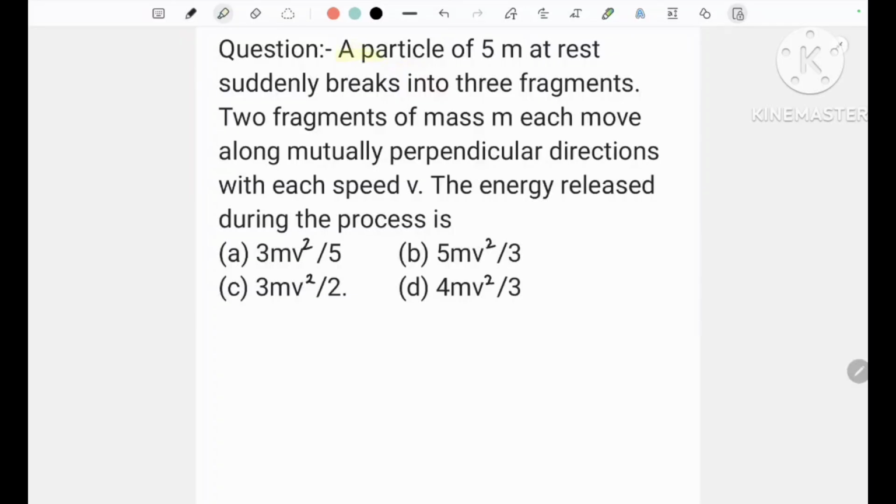Next, a particle of 5m at rest suddenly breaks into two fragments of mass m, each moving along mutually perpendicular directions with each speed v. The energy released during the process is.